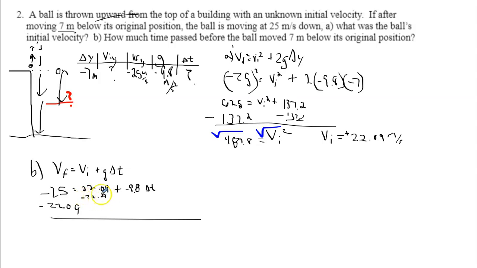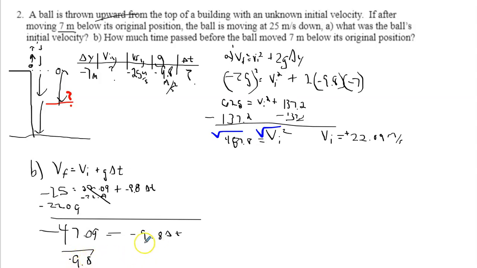So again, just taking you through the ideas. So this is negative 47.09 is equal to a negative 9.8 delta t, the 8s I'm having a hard time drawing. There you go. And then you just divide through by negative 9.8 on both sides.